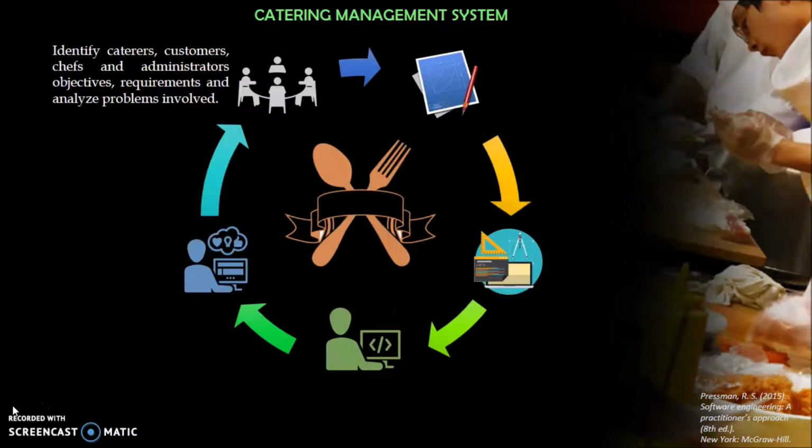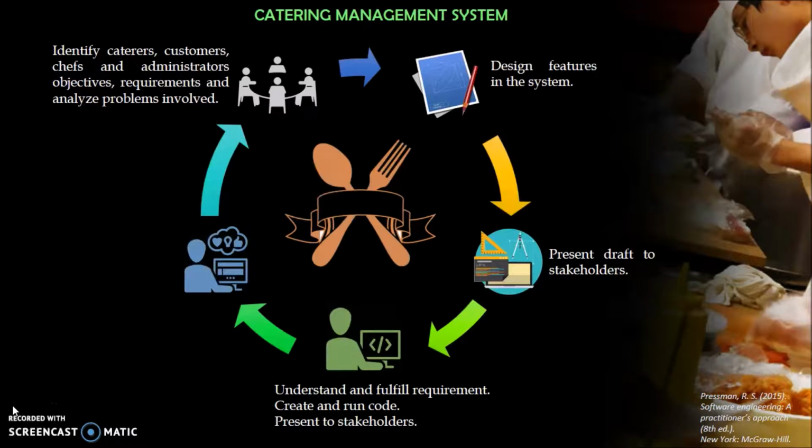Their objectives, requirements, and analyze problems involved. Next, we design features in the system together with present draft to stakeholders, understand and fulfill requirement, create and run code, present to the stakeholders, and lastly, to test out system, we define prototype and make changes if any.